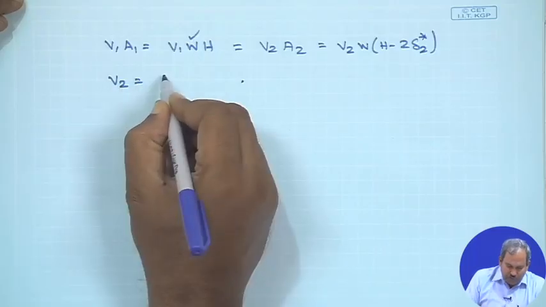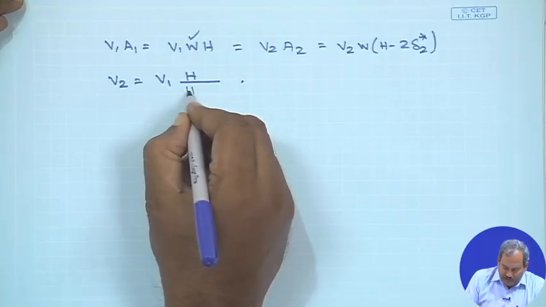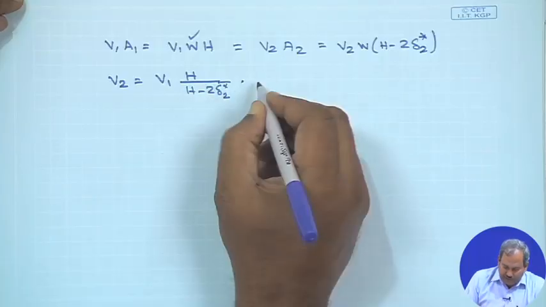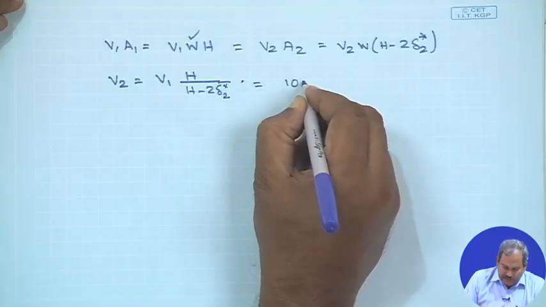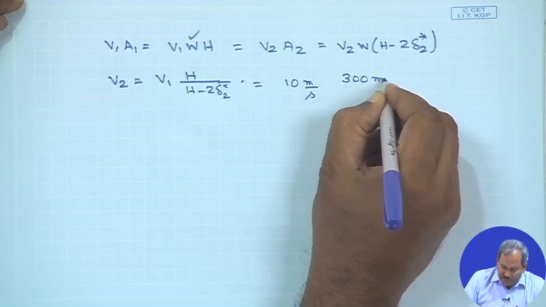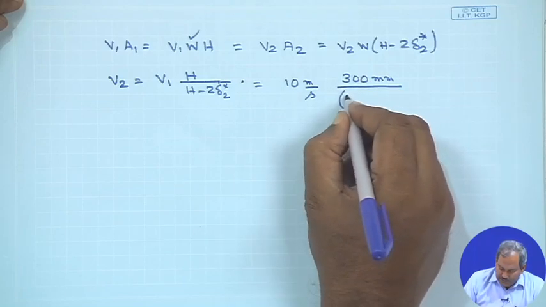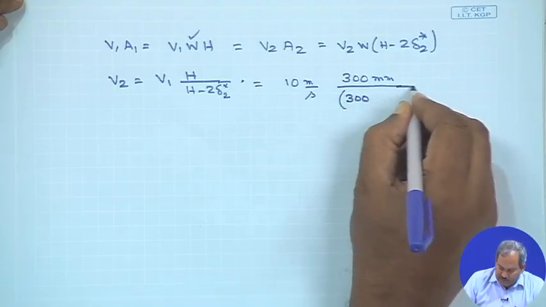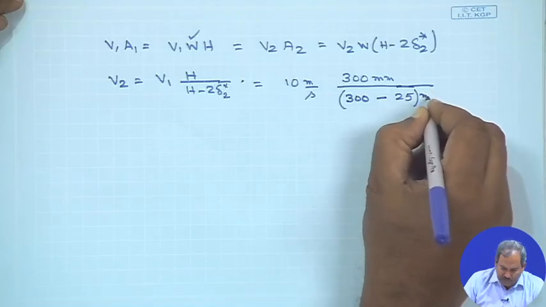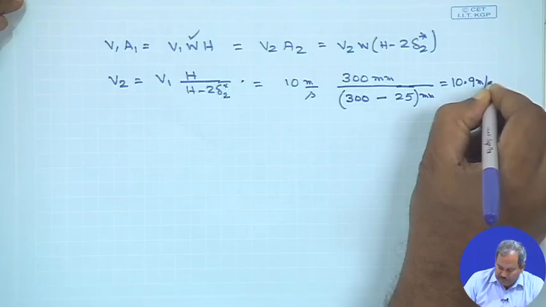So, your V2 must be equal to V1 times h by h minus 2 delta star, and your V1 is 10 meter per second, h is 300 millimeter, and your boundary layer displacement thickness is delta by 8. So, it would be 25 millimeters.